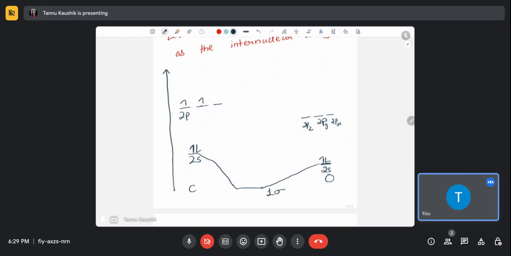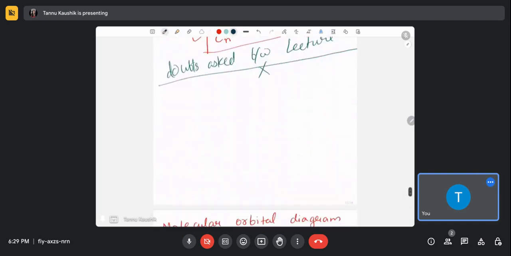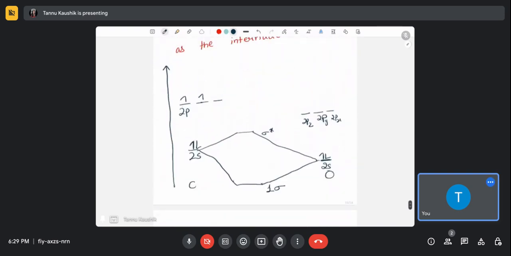This is the first sigma orbital, then we have the sigma star antibonding molecular orbital, and since we will have sp crossover, the molecular orbital diagram will look like this.